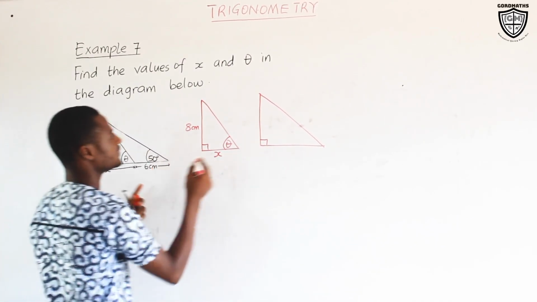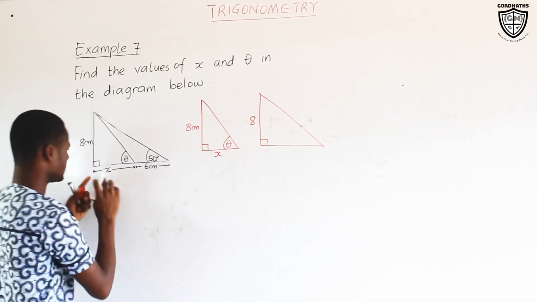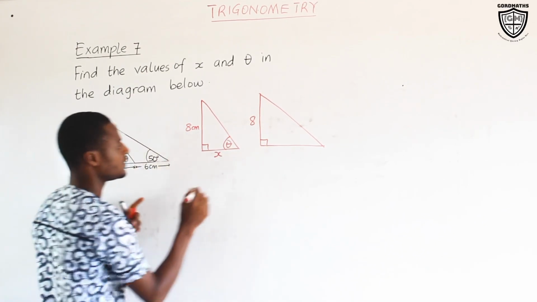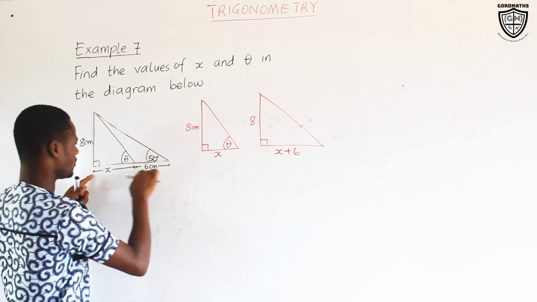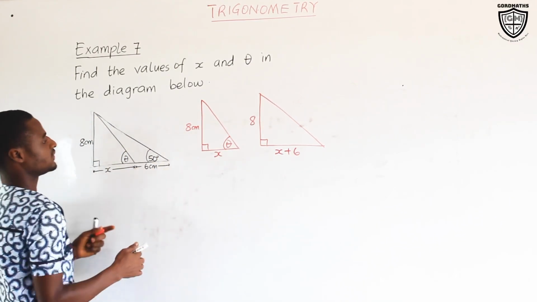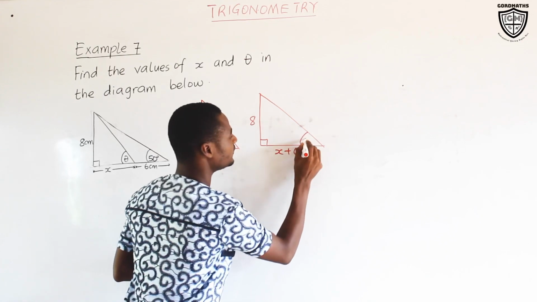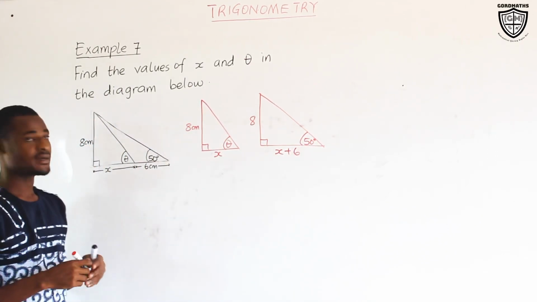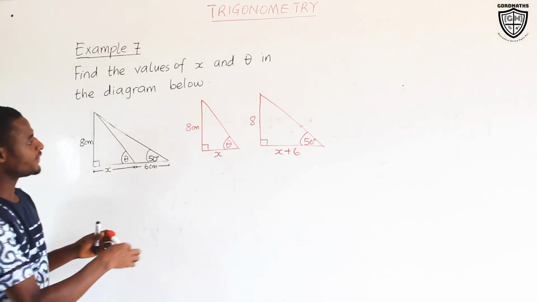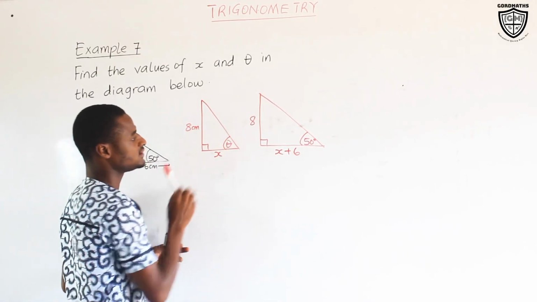Then this side is still 8 centimeters, and then the side here becomes x plus 6. That is all this side, and the angle 50 degrees in the triangle.